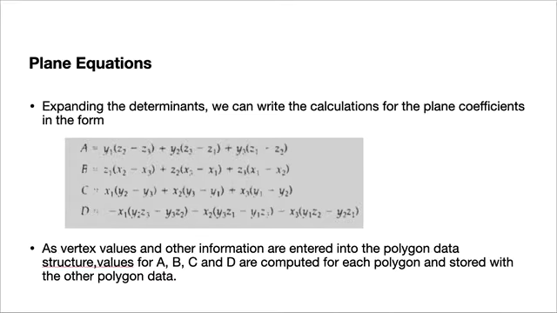As the vertex values and other information are entered into the polygon data structure, values for A, B, C and D are computed for each polygon and stored with other polygon data. So, when you first input the information about the polygon, you enter the coordinates of the vertices of the polygon.